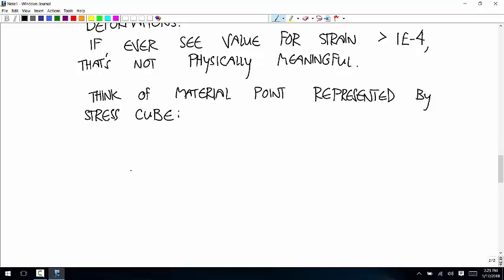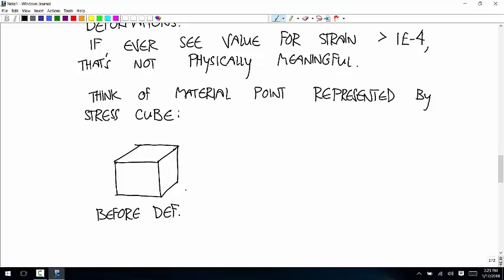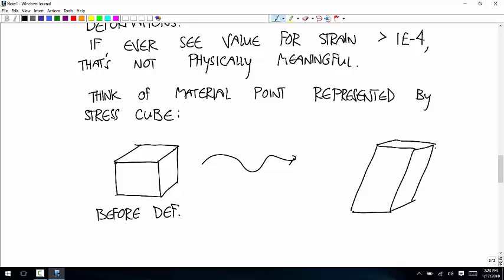So before the deformation, we have a cube. And after the loading's applied and you have deformation, you'll get a parallelepiped, which is a thing made up of parallelograms.